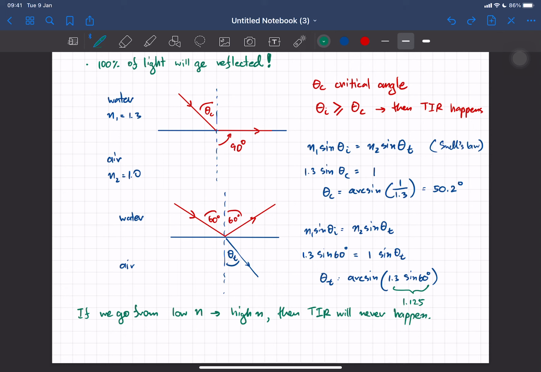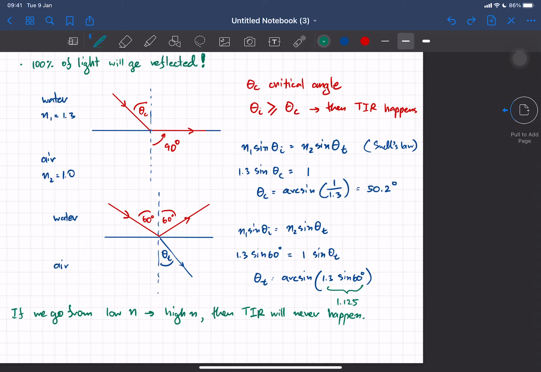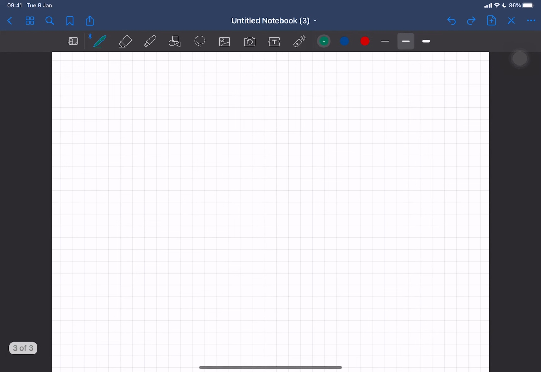So this TIR is what is used in the optical fiber. So optical fiber is just a really thin glass that is made into kind of like a tube, and when it's thin enough, actually we can bend it around.